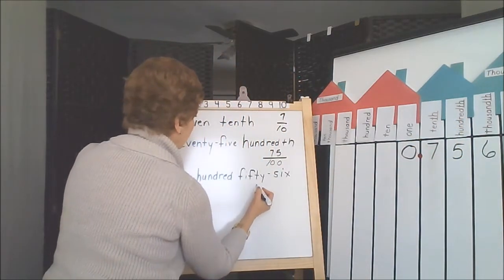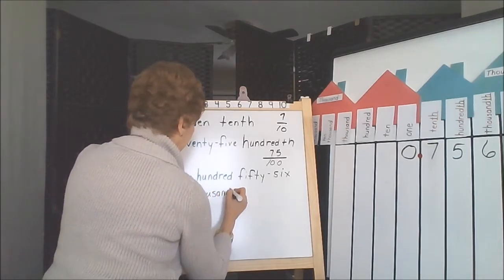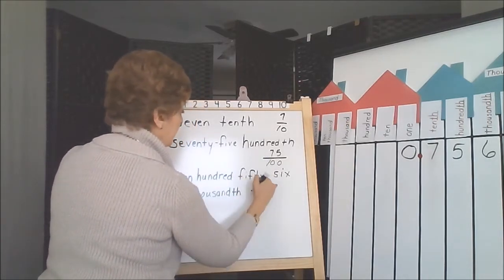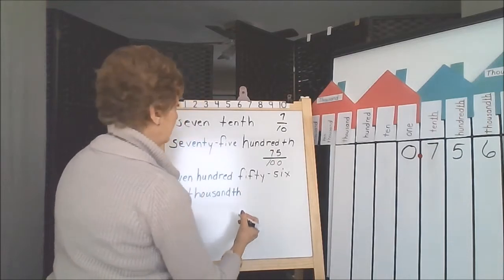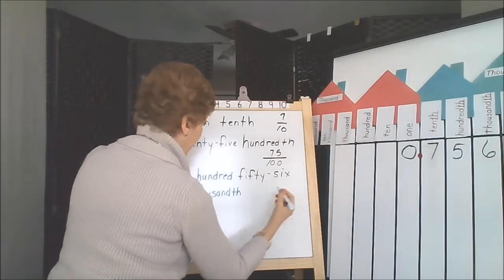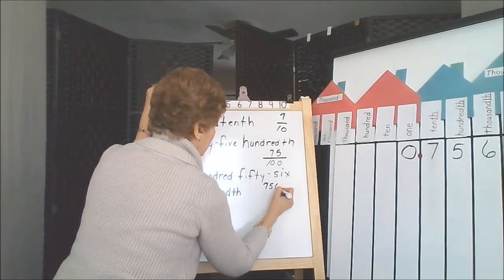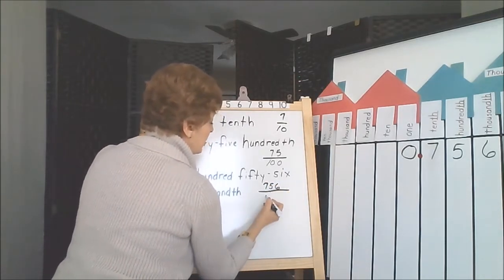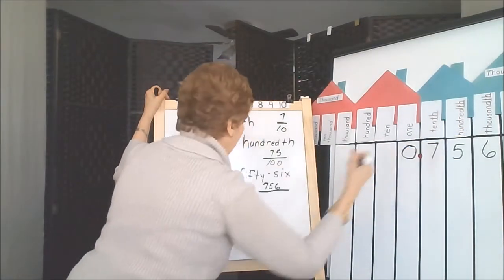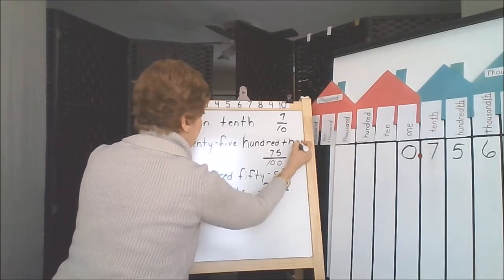So this would be thousandths with a TH on the end. So it's 756 thousandths. And then the fraction for it would be the 756 as the top number of our fraction, or numerator, and the denominator would be the label of the column, thousandths. I should put some S's on this, I think.